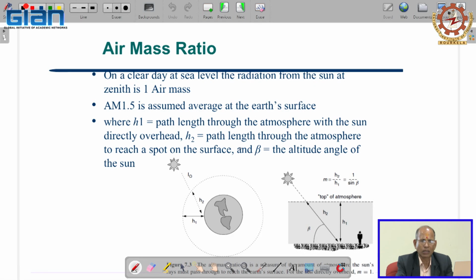H2 is the path length through the atmosphere to reach the surface. You can see H1 and H2. From this, you can find this angle beta. So H2 by H1 will be 1 by sine beta. Okay. So this is what we call the air mass ratio.